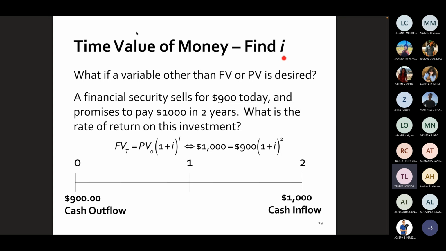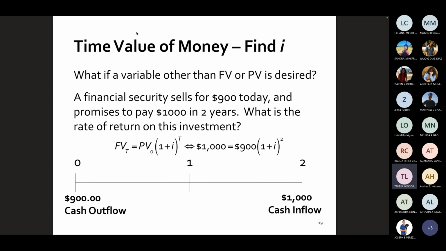I'm calling it I, and there are a variety of names given in different settings, scenarios, or contexts. It's still mathematically the same I, but it's going to take on different names.